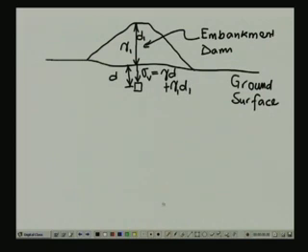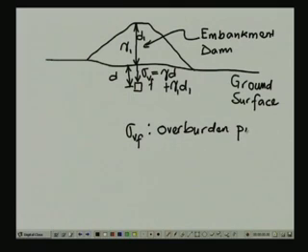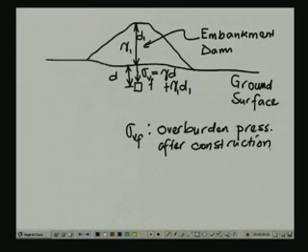So initially, what you had here, let us call it sigma vf, where sigma vf is the overburden pressure after construction, and sigma Vi is the initial overburden pressure.